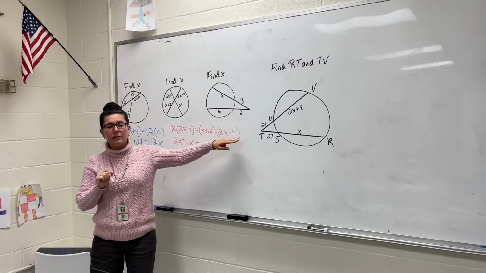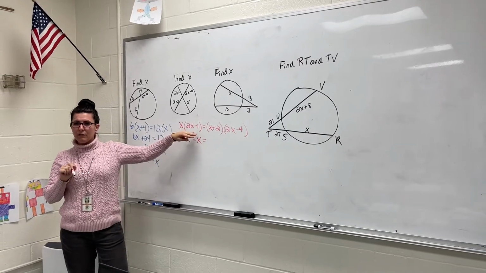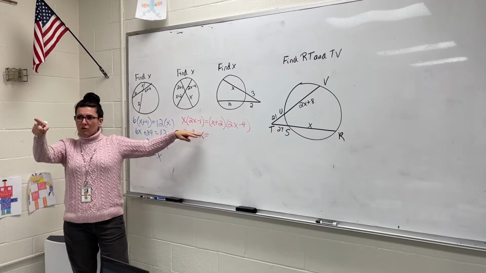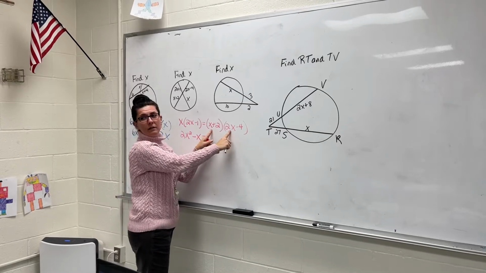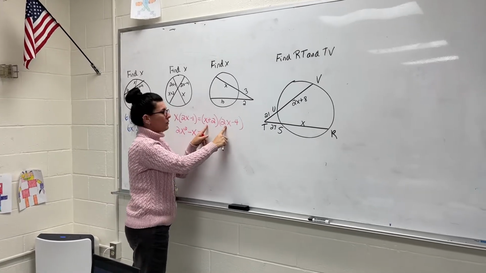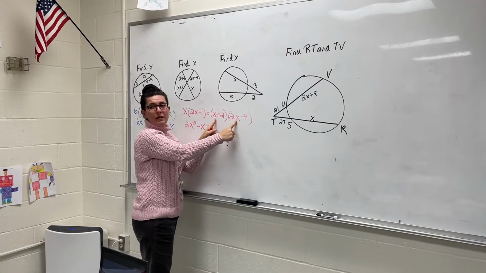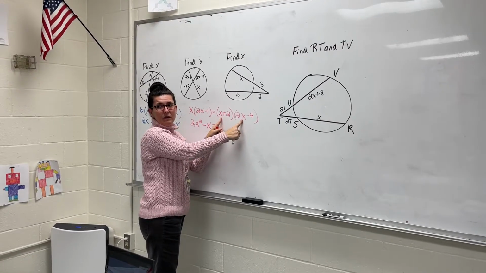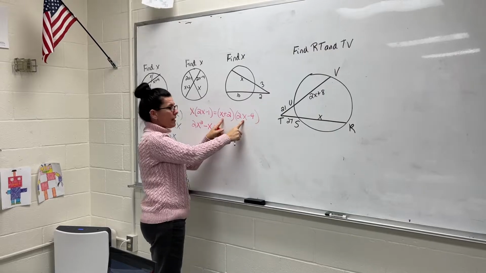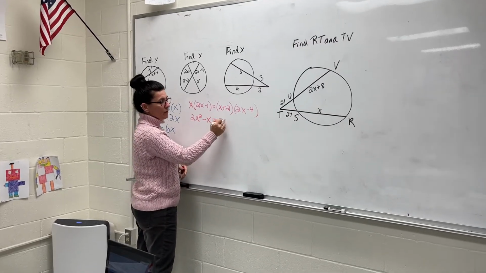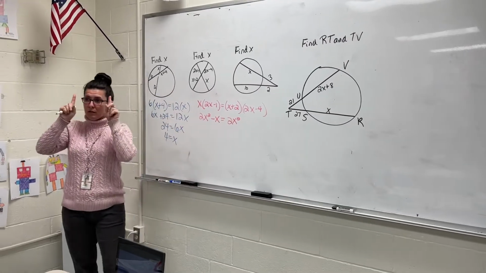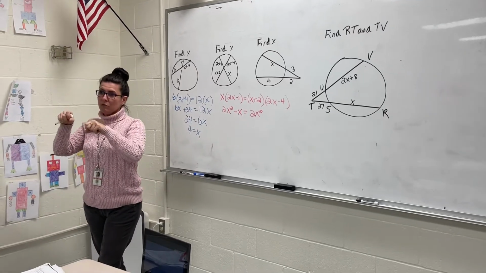Over here, we're going to do our FOIL. Anybody feel like foiling for me? FOIL for me first. What do I get here? 2x squared. Be careful. x times 2x gives me 2x squared. Remember, you have to multiply the coefficients, then multiply the variables.